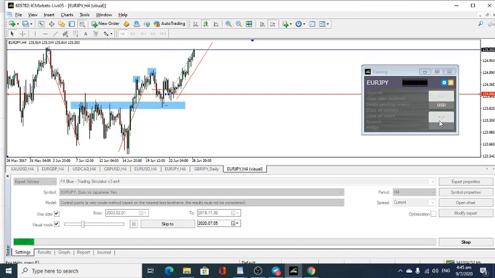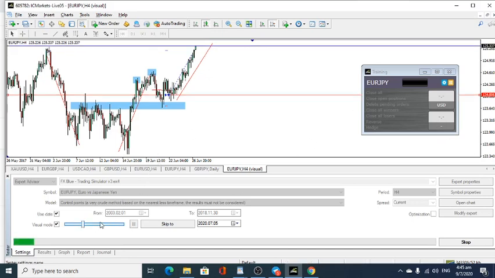And 20 pips achieved, and now the uptrend continues. So until when did the uptrend continue?